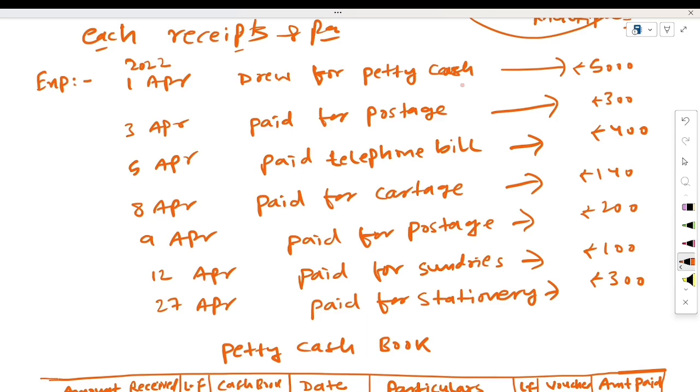We have to prepare the petty cash book for the month of April 2022. These are the transactions. Received for petty cash 5,000. Amount paid for postage 300. Paid telephone bill, paid cartage, paid for postage, paid for sundries, paid for stationery.